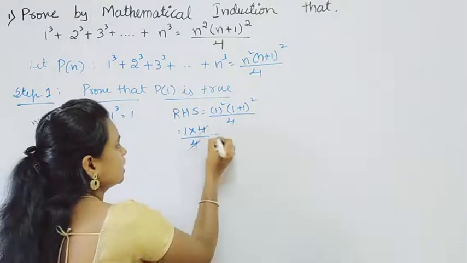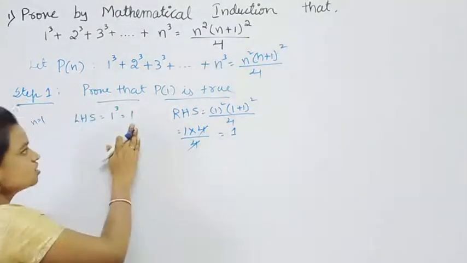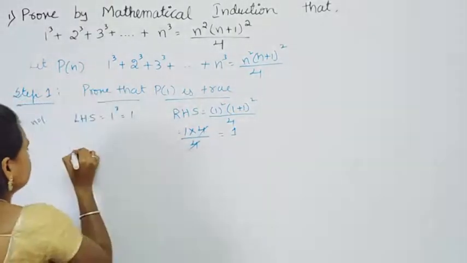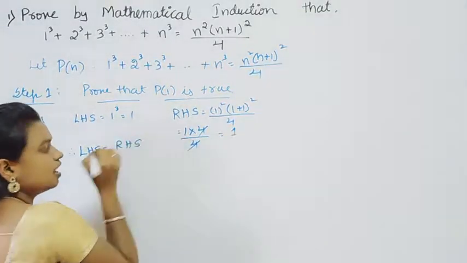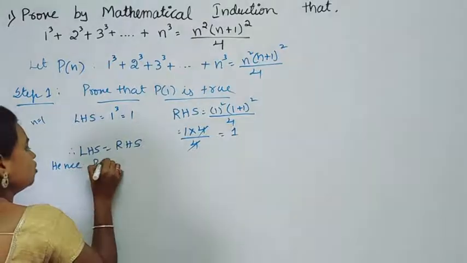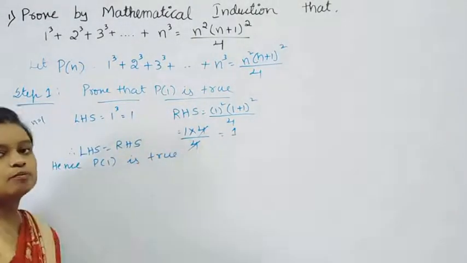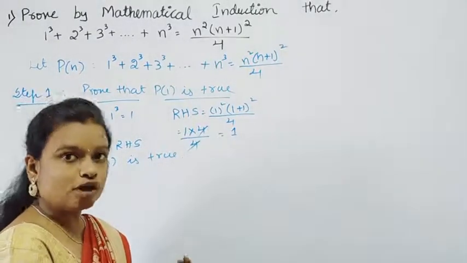So 4 gets cancelled and the remaining answer is 1. So LHS is equal to 1, RHS is also equal to 1. Therefore LHS is equal to RHS. Hence P of 1 is true. So our first step is completed: we showed that P of 1 is true.